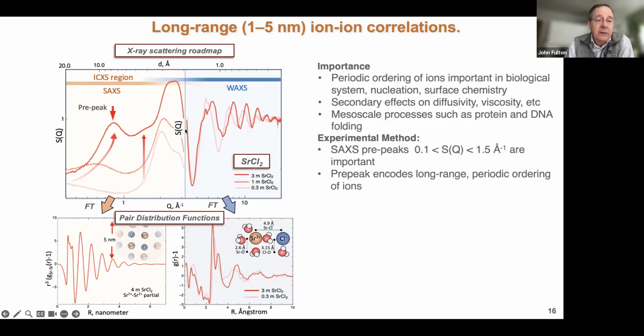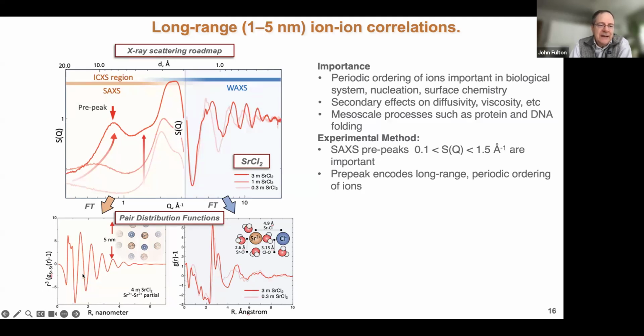What's less well known is the small angle region here, where we see the appearance of a pre-peak that moves to higher Q as a function of concentration. If we Fourier transform this, this is looking at the G of R, weighted by R cubed, and this is the partial due to strontium.